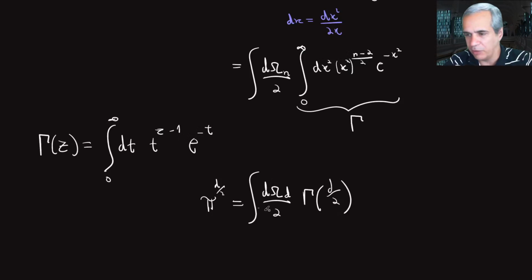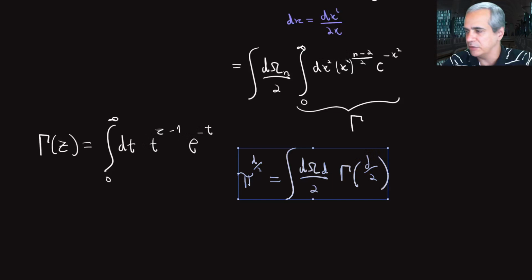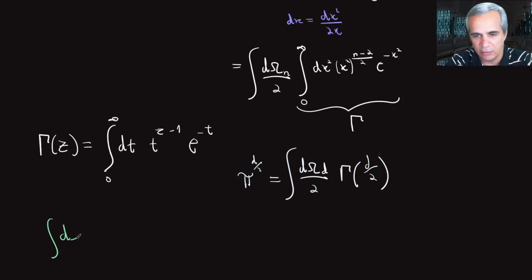Which now I can use to isolate the integral in d omega, and write the generalization we want, which is that d omega in d dimensions will be 2 times pi to the d over 2 over gamma of d over 2.